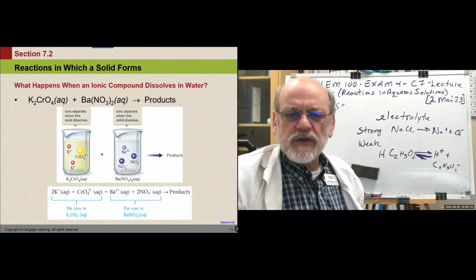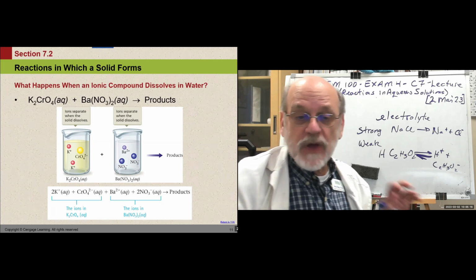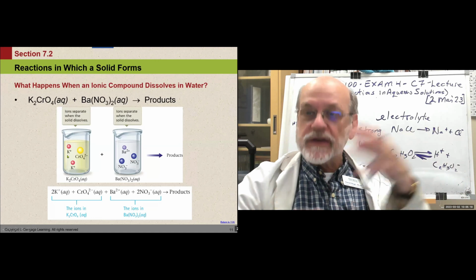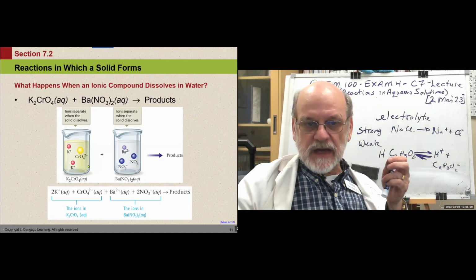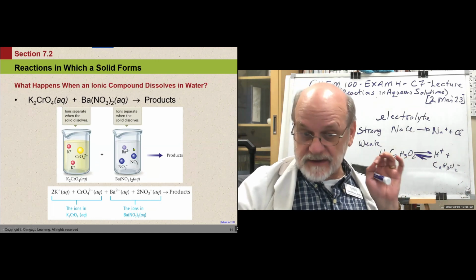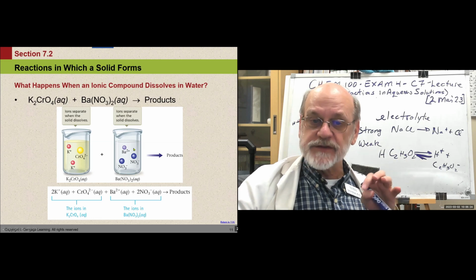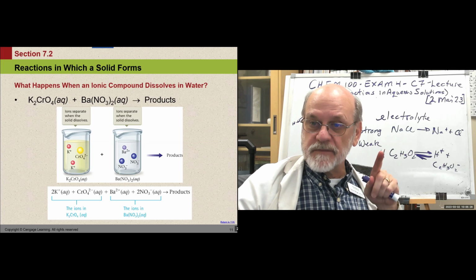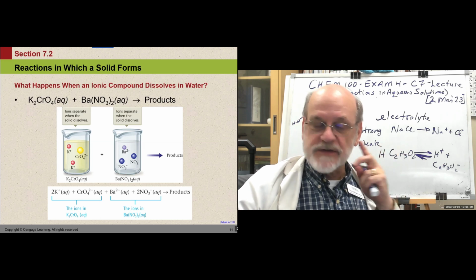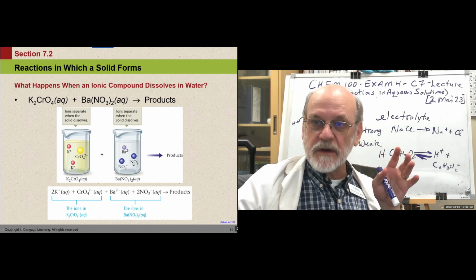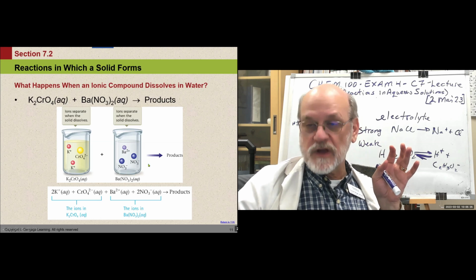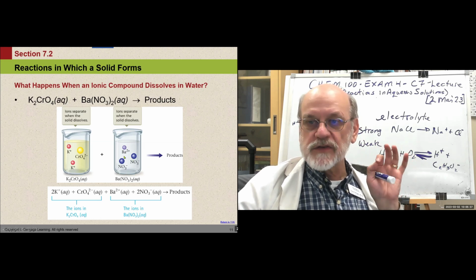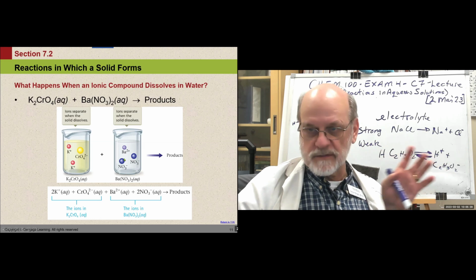So here's another example of what can happen if you have ions free floating in solution. We have potassium chromate on this side, and this solution is barium nitrate. And remember that previous video where potassium nitrate was used. All nitrates are soluble, all of them.